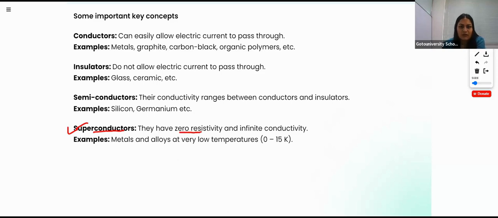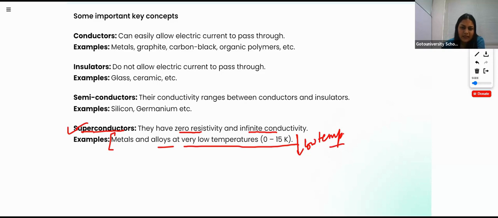That means the current will flow in high amount, that means they will show infinite conductivity. However, for metals and their alloys to act like a superconductor, they need a very low temperature, generally 0 to 15 Kelvin. It is a very low temperature, right?